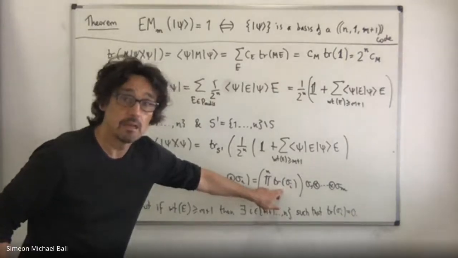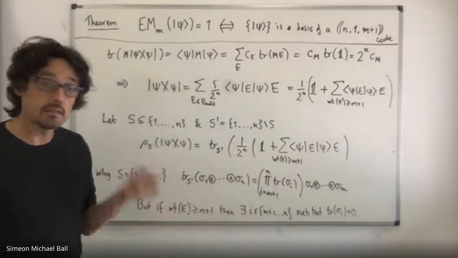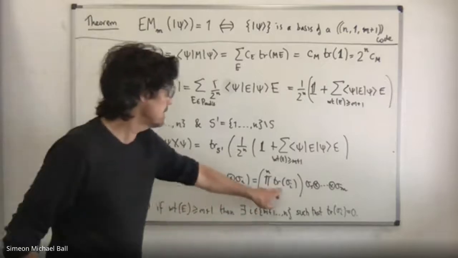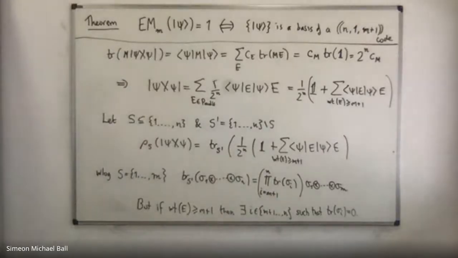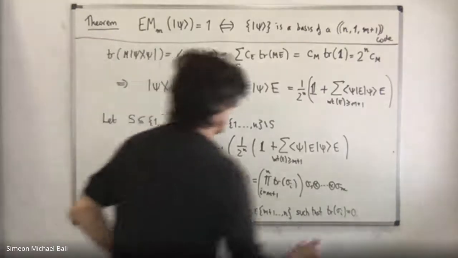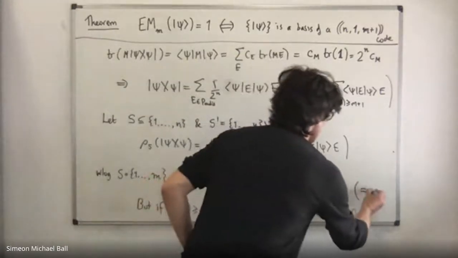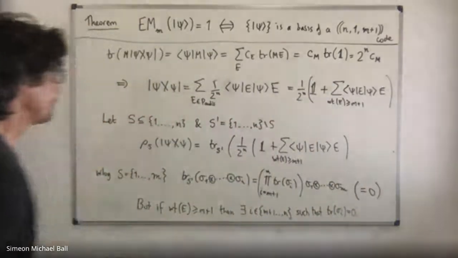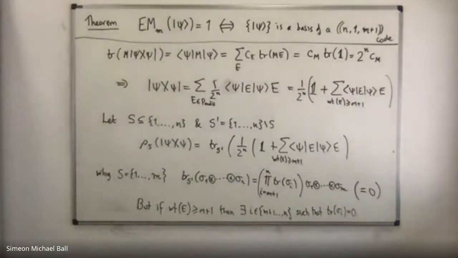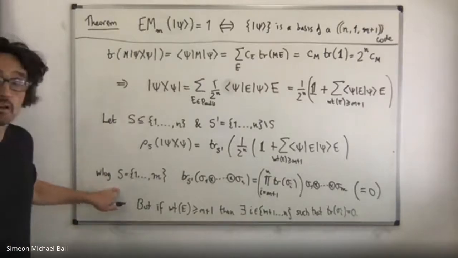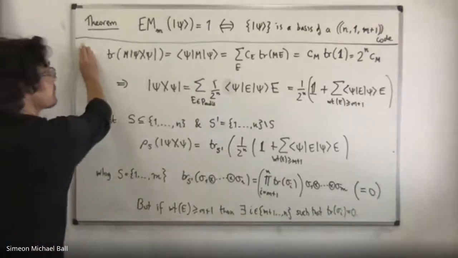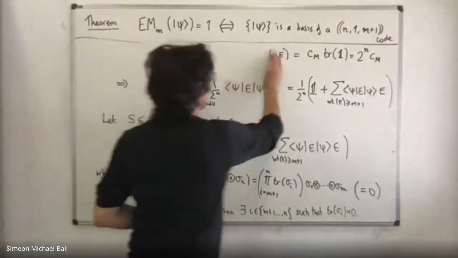And the trace of the non-identity Pauli is 0. So we're going to get a 0 here, and all of these things are going to be 0. We'll see that the argument works for any subset of size n.